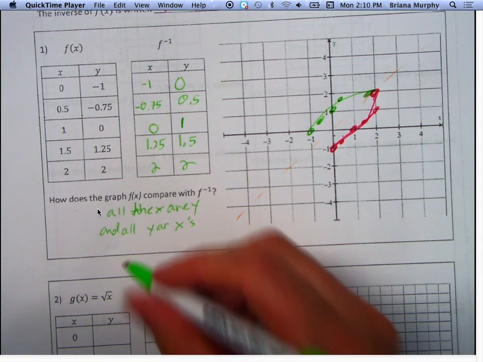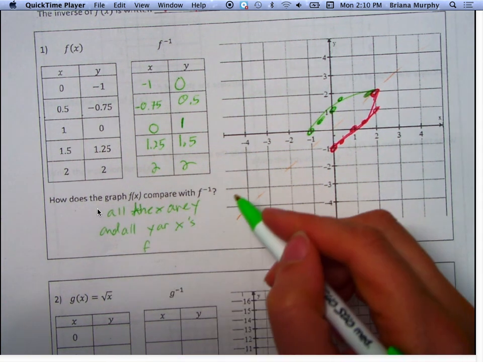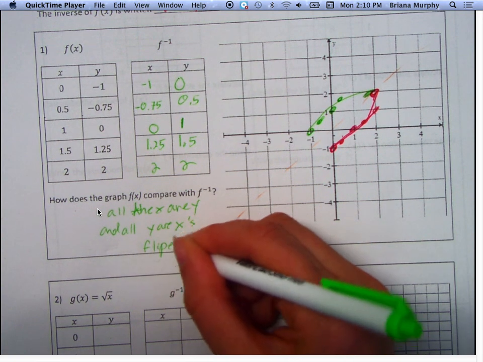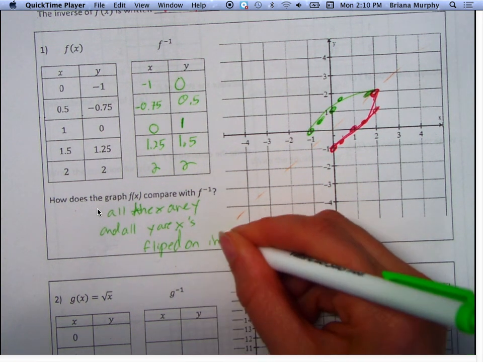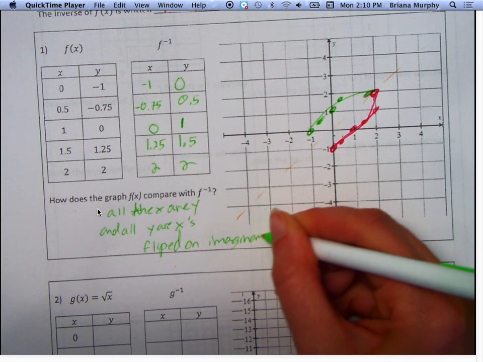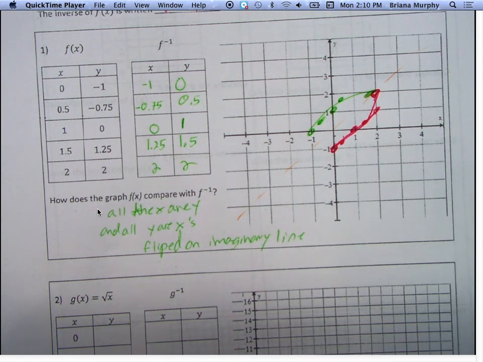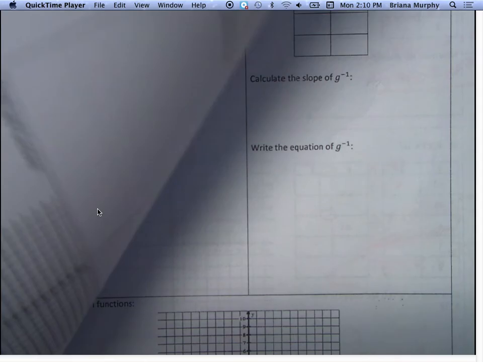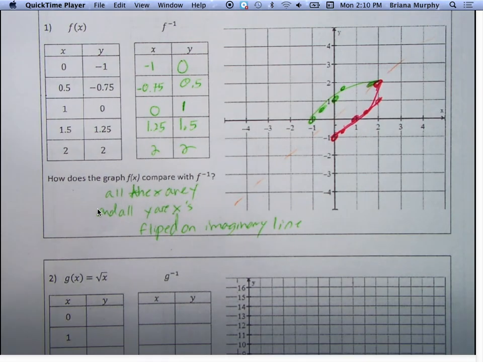All of the x's are y's, and all the y's are x's. Flipped on imaginary line. Okay? All right. Let's go ahead and do 2.